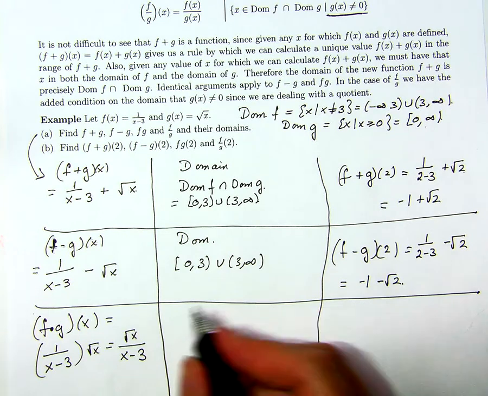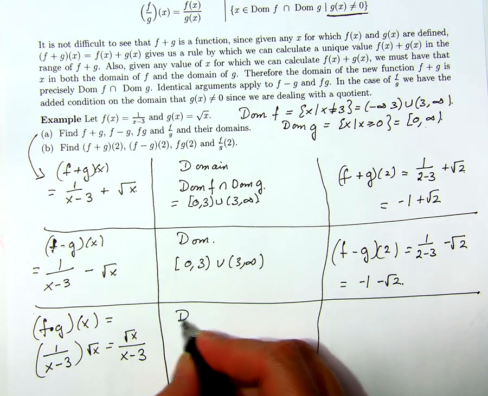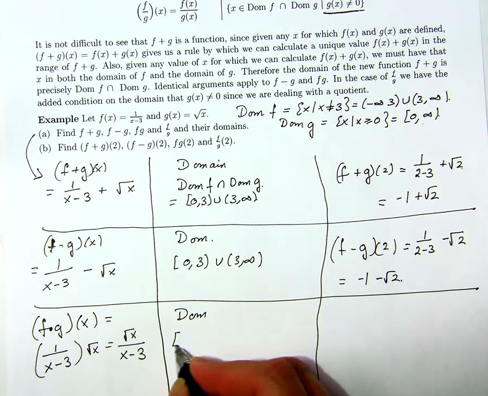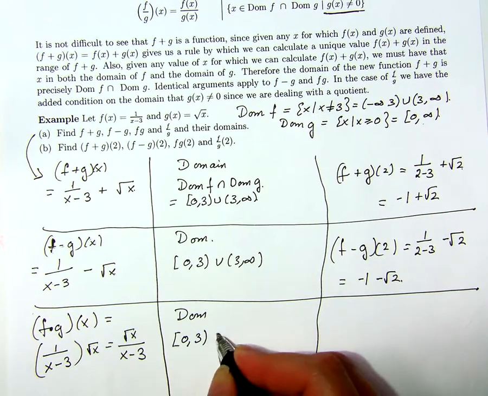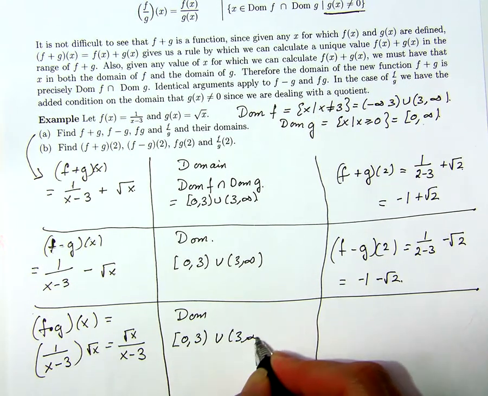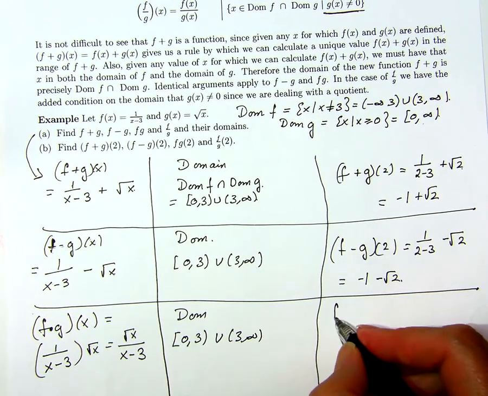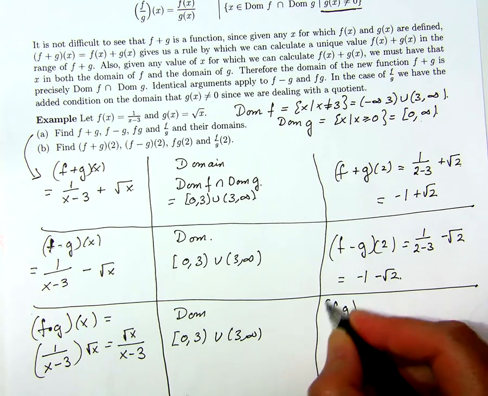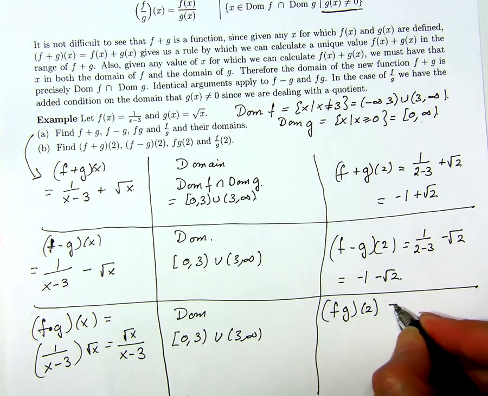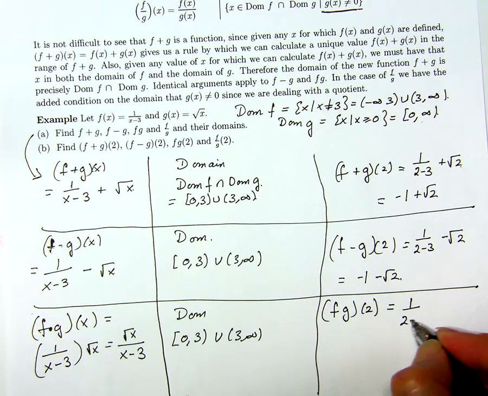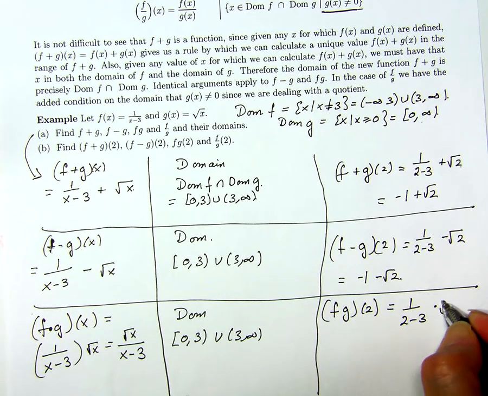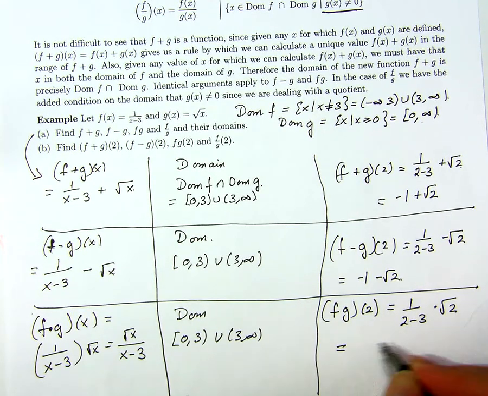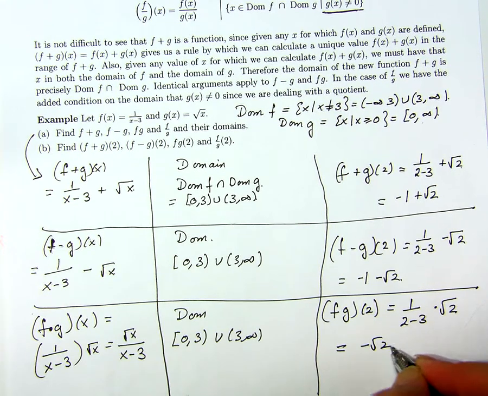The domain is again the intersection of the domains, so that's what we had before. And now when I evaluate at 2, I get 1 over 2 minus 3 times the square root of 2. That's minus the square root of 2.